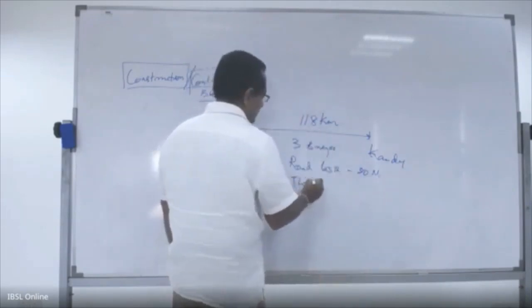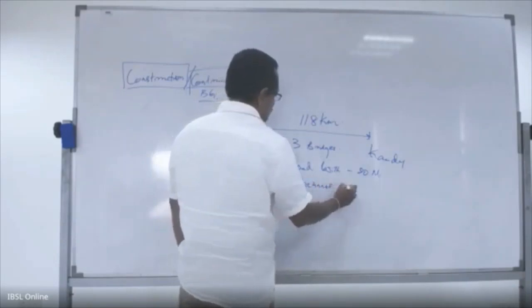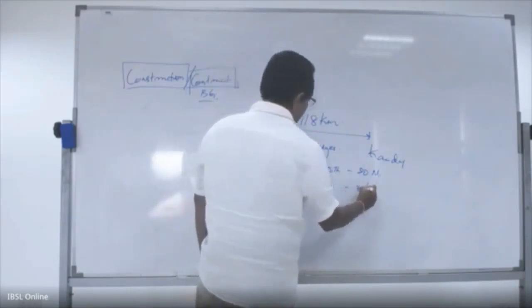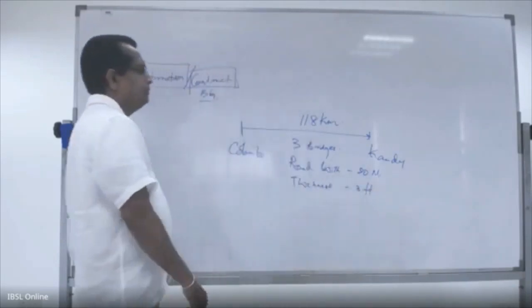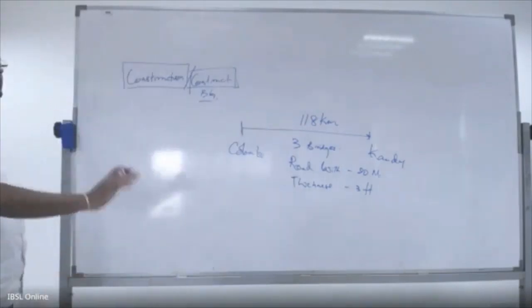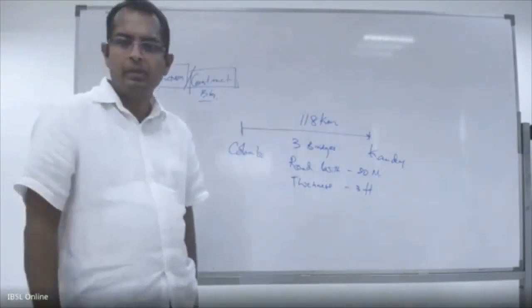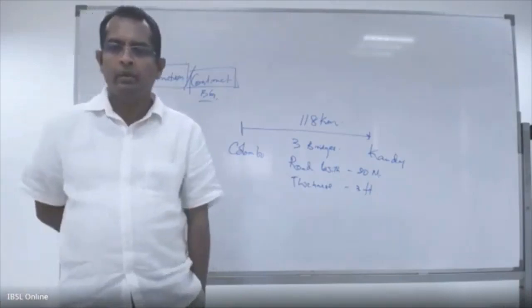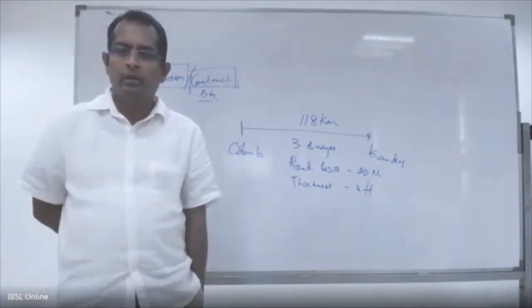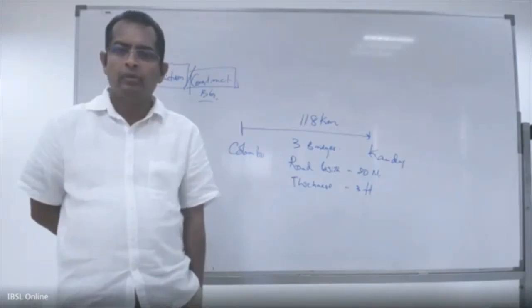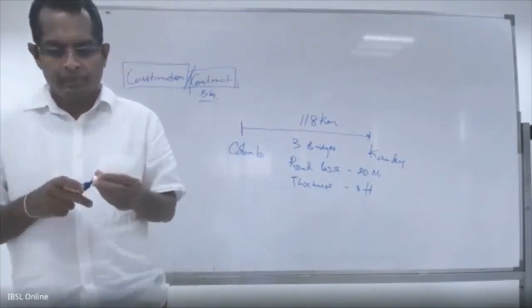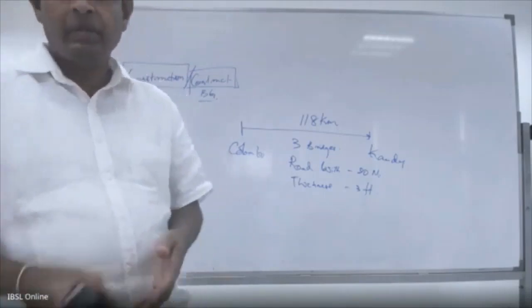Thickness should be 3 feet, right? This is a small example of a road. Is it true? Just hold on.